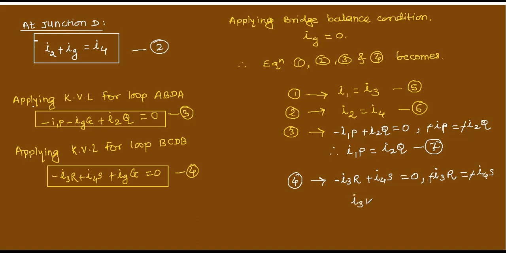And what you are getting here, I3R is equal to I4S, and call this equation number 8. Is that clear? Nothing else. What we did, where there is Ig, you substitute 0 there and you will get this equation. So let's move ahead now.